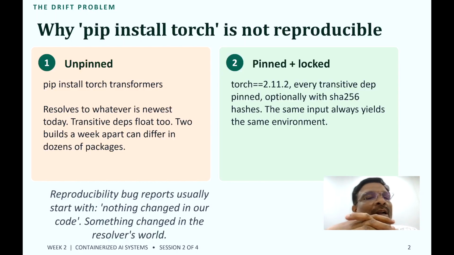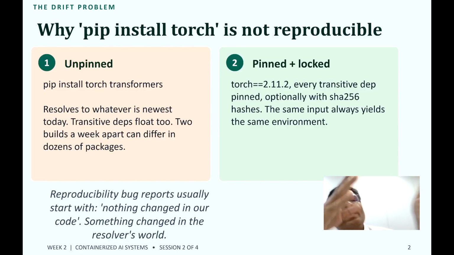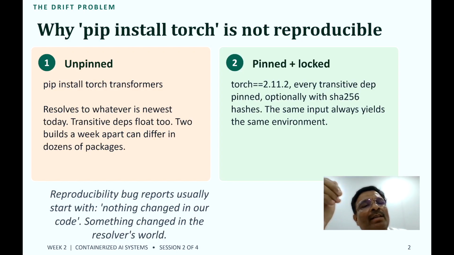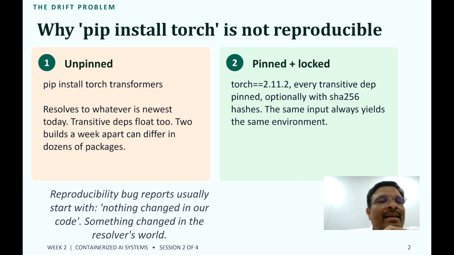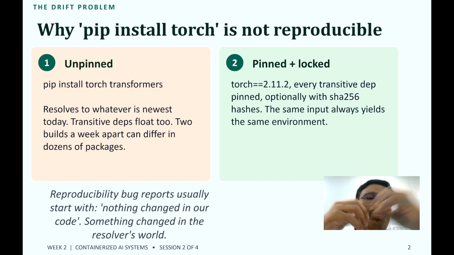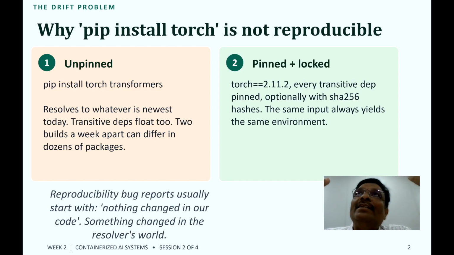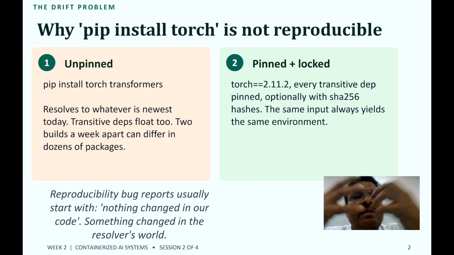So when you use that type of installation command, it resolves to whatever is the newest today. It is a transitive dependency that floats. So two builds a week apart can differ in dozens of packages. This is where pinning matters.